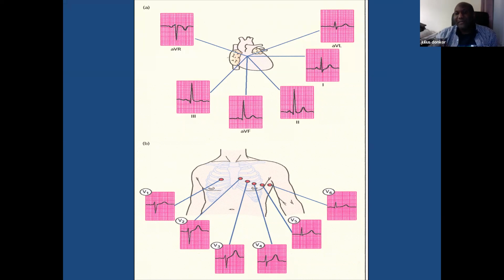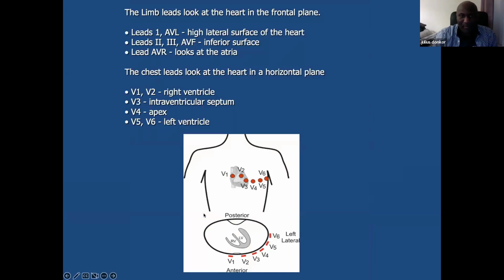If it's above 3.5 millivolts, then that counts as LVH by Sokolow criteria. So that's the transition in people with left ventricular hypertrophy. Obviously they have a thickened LV wall, so the R wave would be much taller, and that's a really good example.